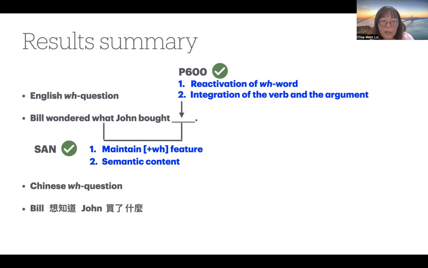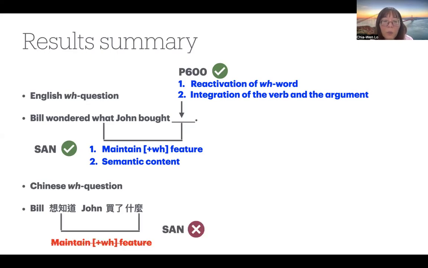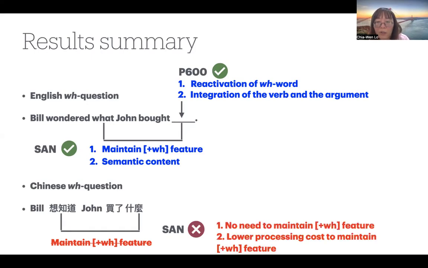And as for Chinese WH questions, we didn't observe the sustained anterior negativity, which might suggest two possibilities. The first is that maybe we don't need to maintain the WH feature in 想知道, or there is a lower processing cost to maintain the WH feature or question feature in 想知道, so that we didn't observe any sustained anterior negativity here.